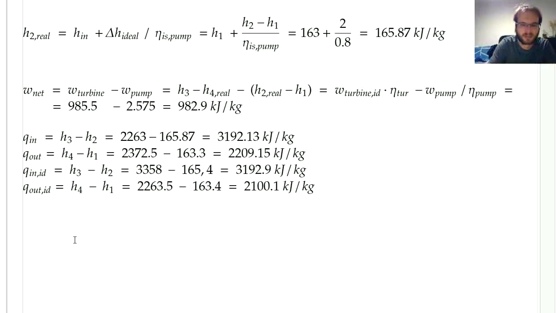Now let's get the cycle efficiency. Get the cycle efficiency real, which is always the ratio of net work to heat inlet: 30.8%.